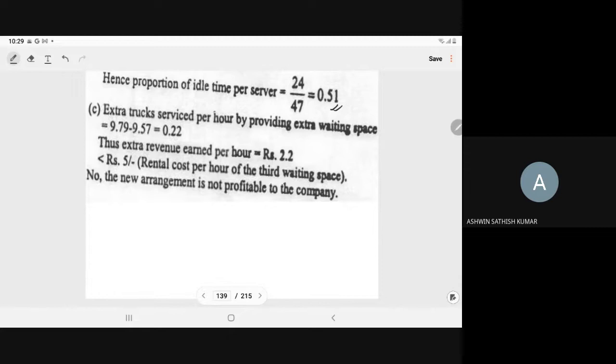Now the extra trucks serviced per hour by providing the extra waiting space. So in this case, what is the extra truck serviced? It means lambda bar when we have m equal to 4 and lambda bar when we have m equal to 5.